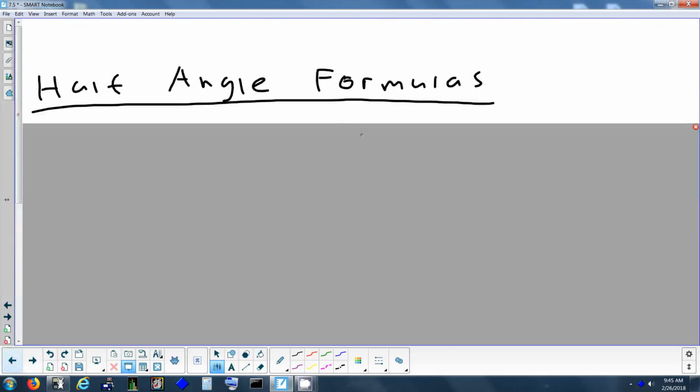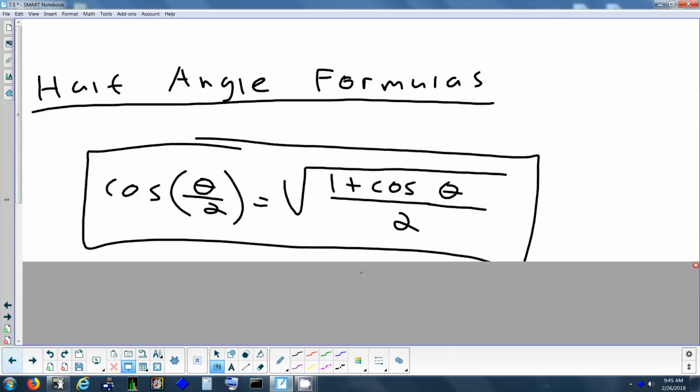All right, so the last group of identities, again, not something you should really memorize, just put them on your reference sheet, are the half angle identities. Okay. I'm not going to do very much with these at all. I'm giving them to you honestly, so you have them if you need them next year.